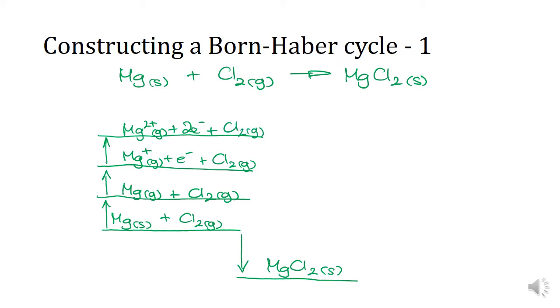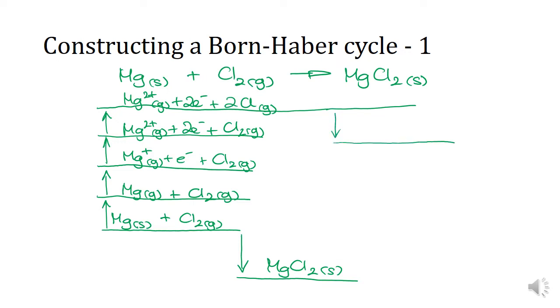I then need to split apart my chlorine molecule into the 2 chlorine atoms. Then once I've got that, I need to add electrons, so this is times 2. So actually I'll do it in 2 steps.